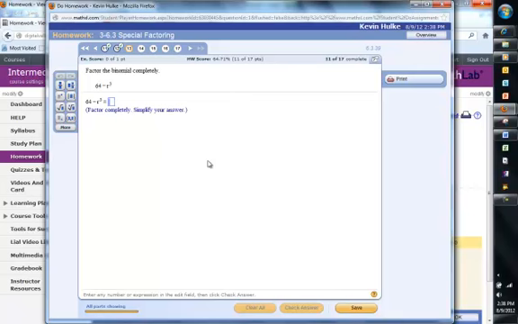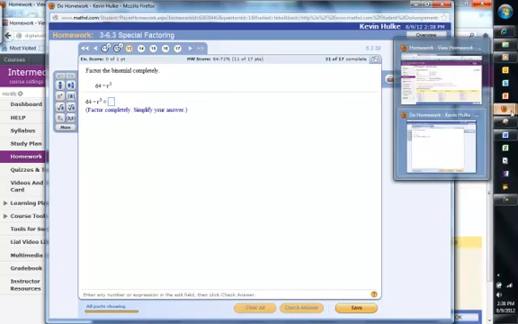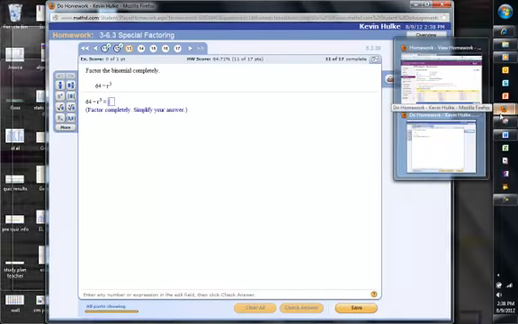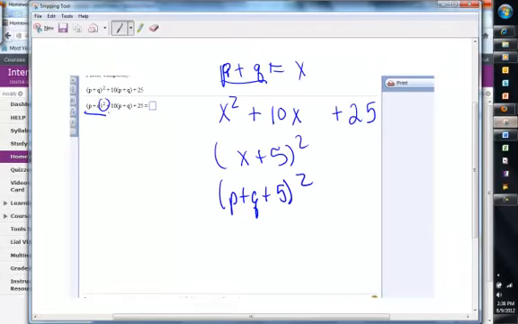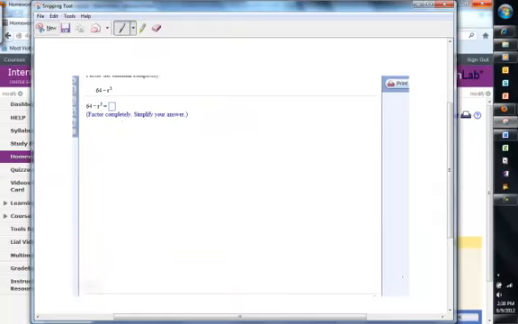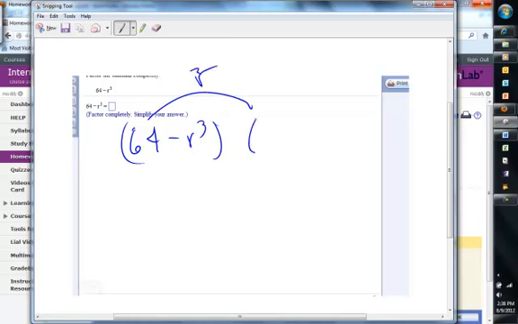Next one, 64 minus r cubed. You need to remember that this is a difference of two cubes. So you have 64 minus r cubed. Take the cube root of both parts. Cube root of 64 is 4 minus r. That's the first term. The second term is this squared, which is 16.